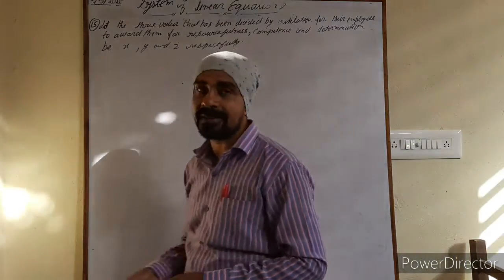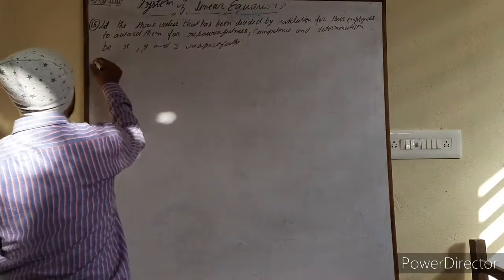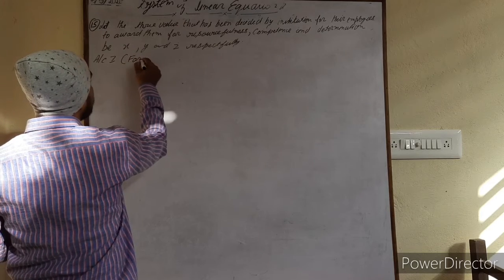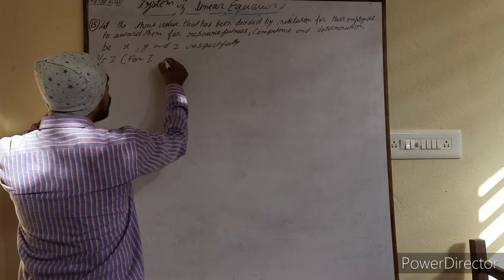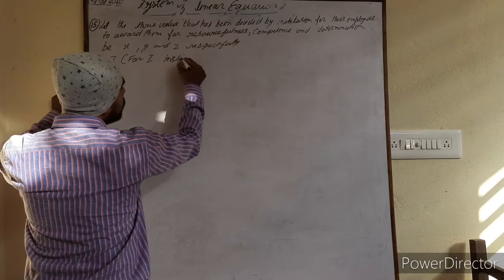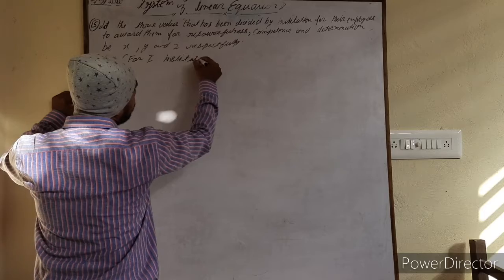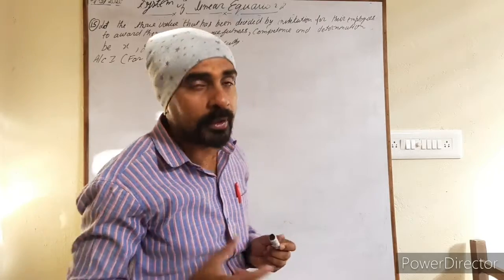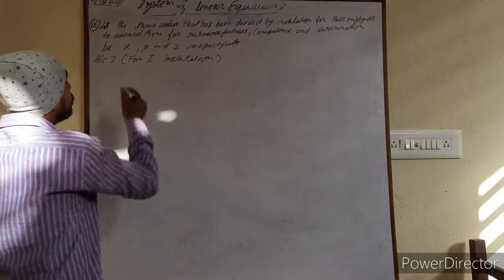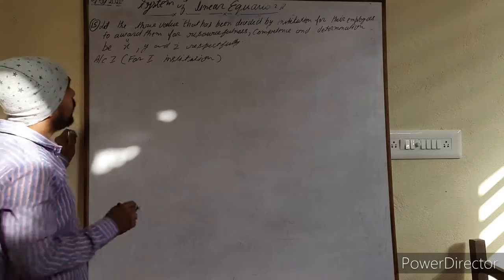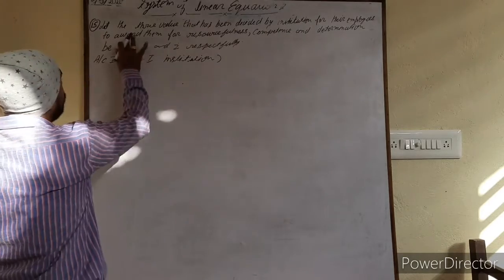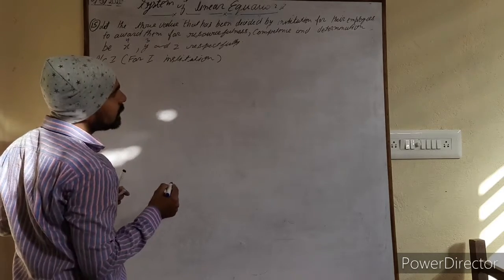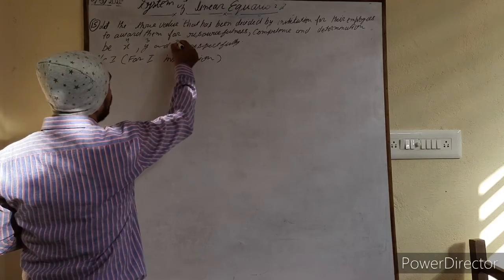According to the first condition, inside the bracket, for the first institution, that has decided to award 4, 3 and 2 employees. 4, 3 and 2 employees means 4 employees for resourcefulness, 3 employees for competence and 2 employees for determination.